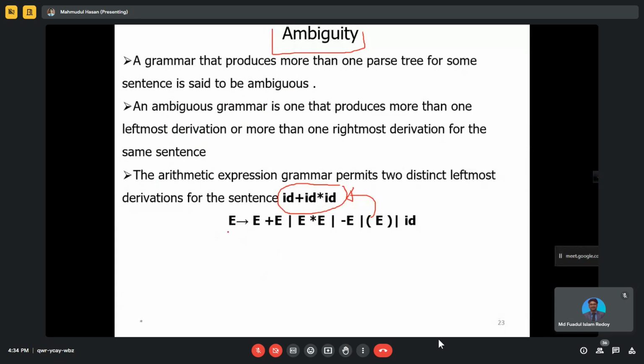So suppose we are trying to generate this input string, and this is our grammar. Which production rule do we need to follow first?